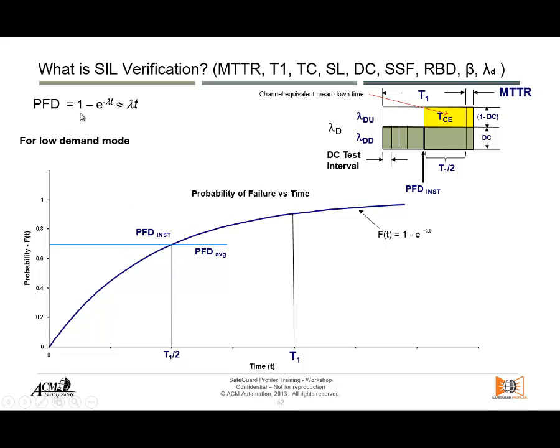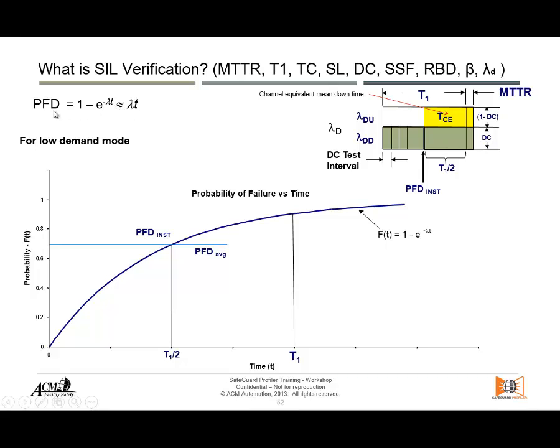1 minus e to the minus lambda t is a formula that represents what happens in nature, right? We can work with that representation, which approximates very well how the equipment behaves and the probabilities of failure. At the moment, I'm conveniently going to approximate these values when the lambda t's are very small.